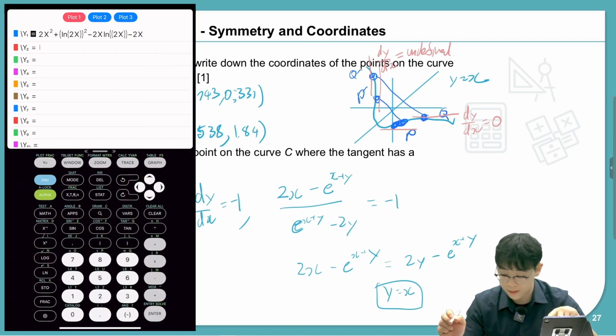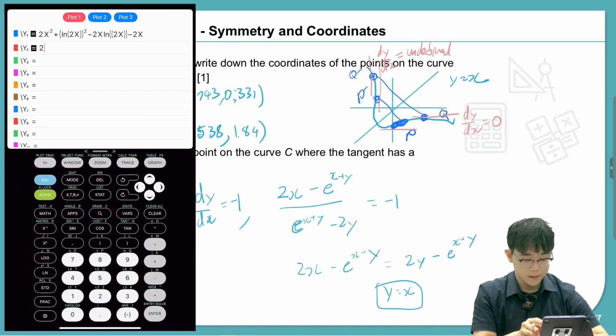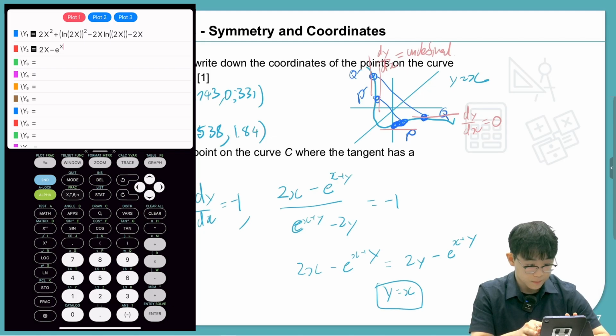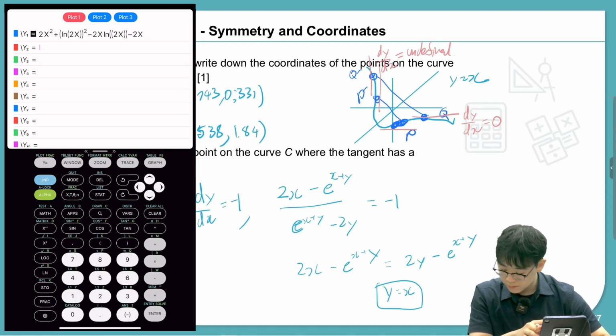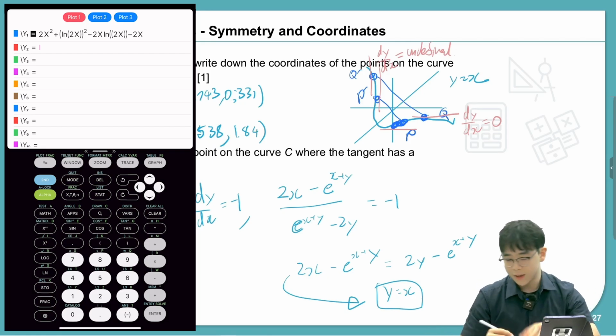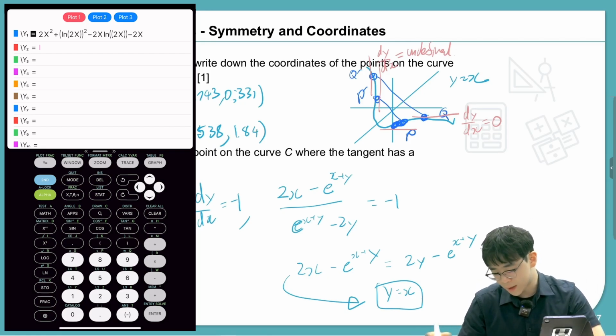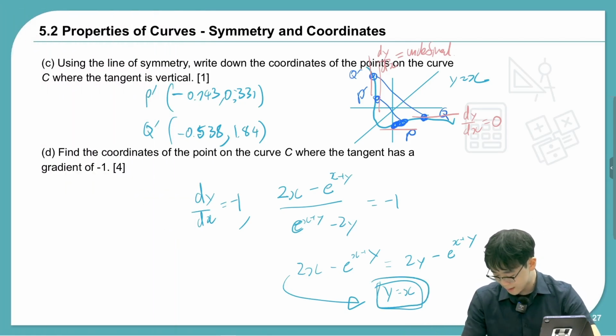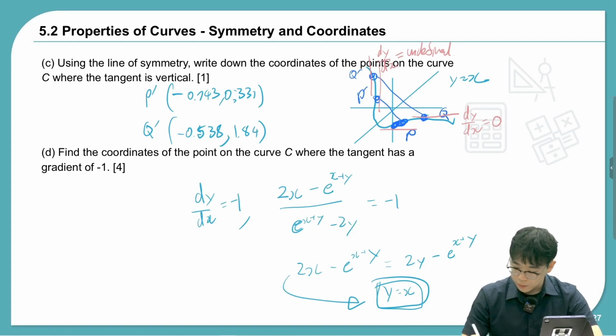So if you do that, we would get 2x minus e to the power of x plus y. Oh, actually, yeah, the only way we would be able to do this is with y equals x, because on your calculator, you'd need an explicit equation of y in terms of x. So yeah, y is going to equal x. So we would go back to our original formula.